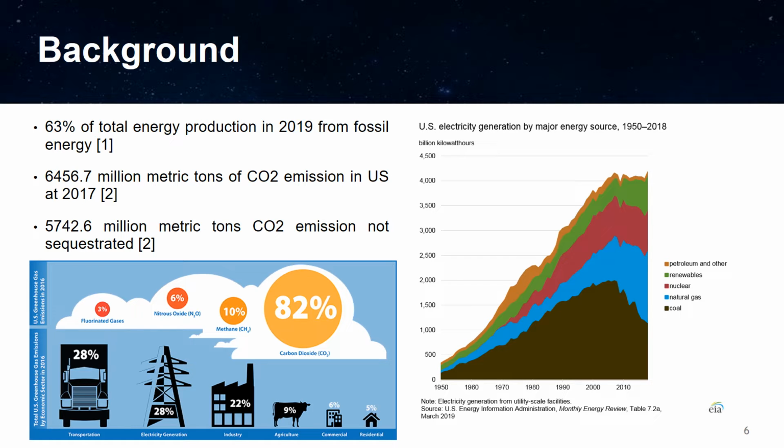Of those, almost 5,700 million metric tons of CO2 emission was not sequestered. So this went into our atmosphere. The US accounts for 82% of CO2 emission worldwide. That's really, really high.